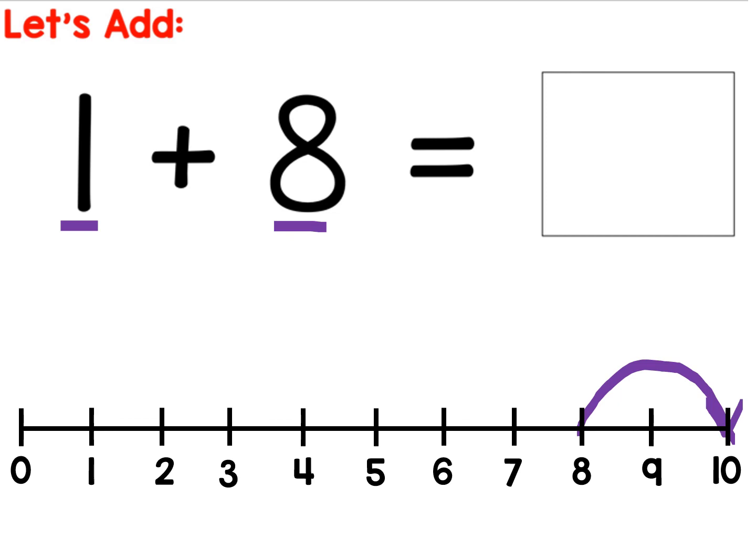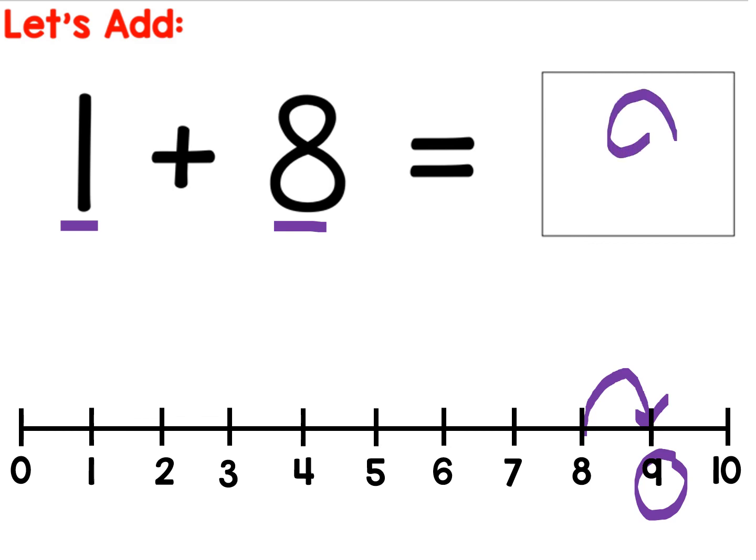What was my mistake? You'll notice I did do 1 hop, but I skipped a number. You cannot skip a number, boys and girls. You have to touch every number. So here's my 8, and I'm going to hop 1 more to get to my 9. So 1 plus 8 equals 9.